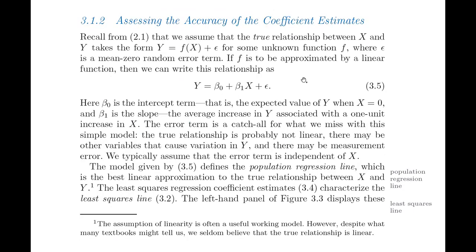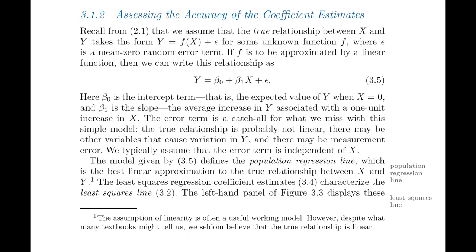Now we're going to assess the accuracy of these parameters. You may also use the word coefficient. Recall from chapter 2 that we assume that the true relationship, so without a hat, between x and y takes the form y is equal to f of x plus epsilon, that's the error term, for some unknown function f, where epsilon is a zero mean random error term.